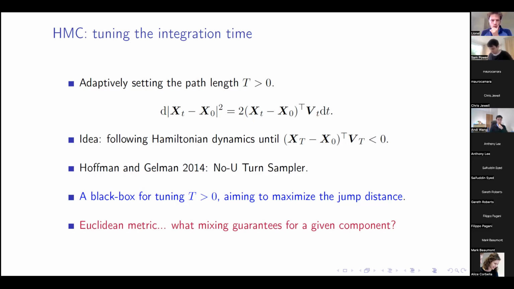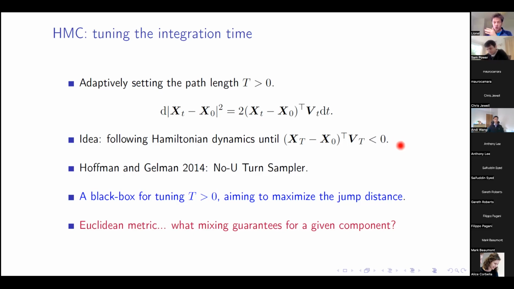So if somehow we would like to build an algorithm that will prioritize in some sense points that are further away in the hope of reducing the correlations, one intuitive idea would be to follow these dynamics until this so-called no U-turn criterion is met, and somehow ensure that the algorithm we build has the right stationary distribution, which is not trivial.